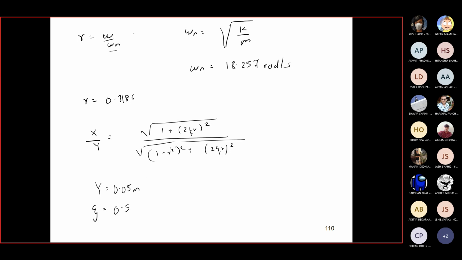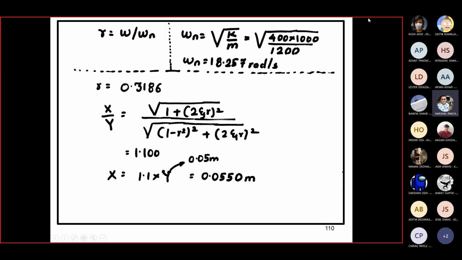So substitute those values in this equation and find out the value of X. 0.055. Right, so the answer is 0.055.